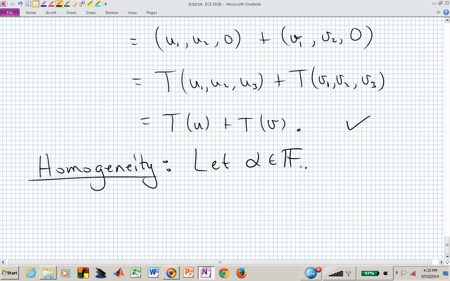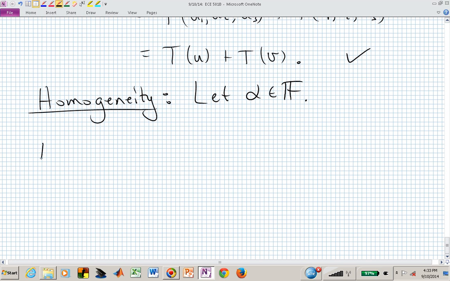Let's let our scalar alpha belong to any of these fields, R or C, F. Then T of alpha U is T of alpha U1, alpha U2, alpha U3.